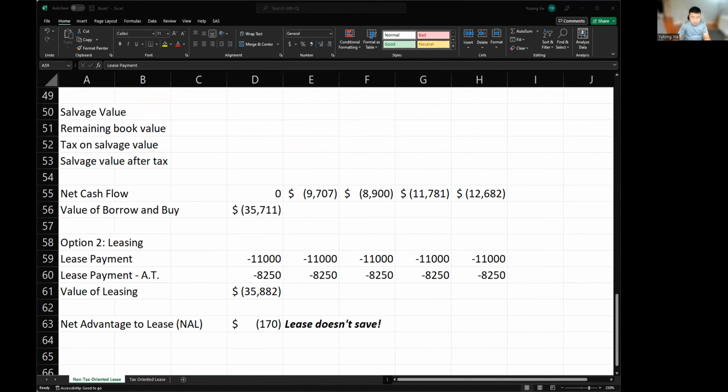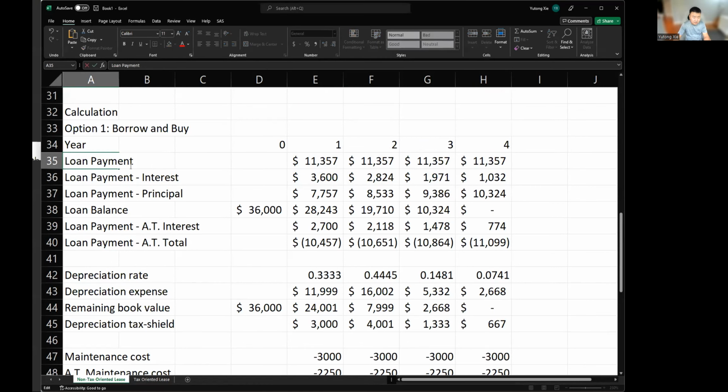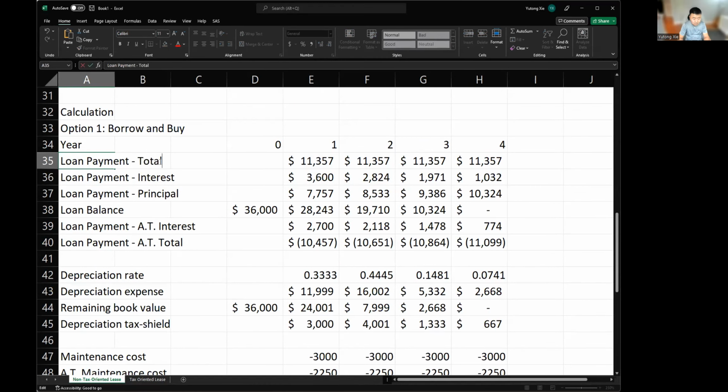So let's begin with something very similar to here. The total lease payment, then we have lease payment, imputed interest, lease payment, lease liabilities. Or you know what, let's change this to loan payment total, right?